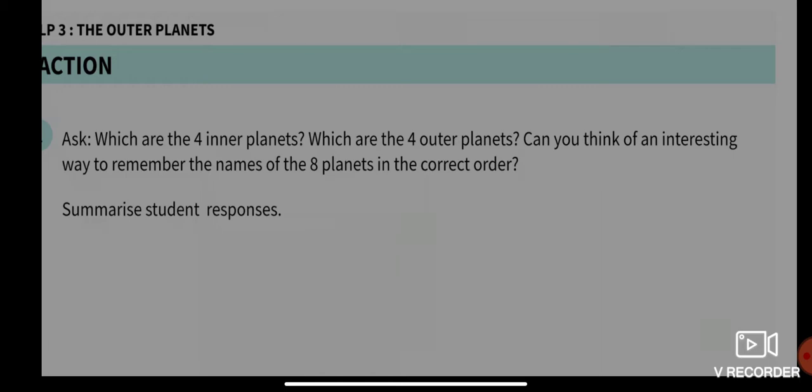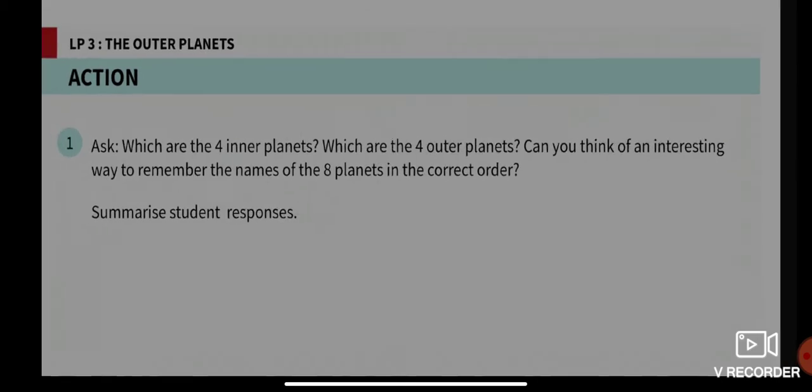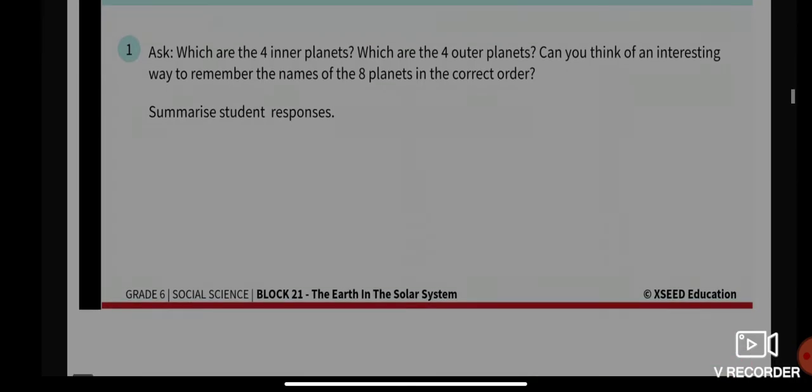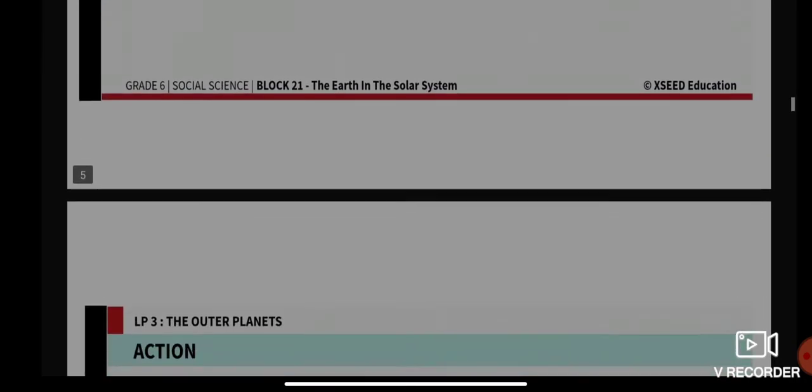So what are the four inner planets? Okay, remember that there are 8 planets in the solar system, right? So 4 planets are known as the inner planets, and the 4 other planets are known as the outer planets. Okay, that is how they are divided. All right, so I hope you know.